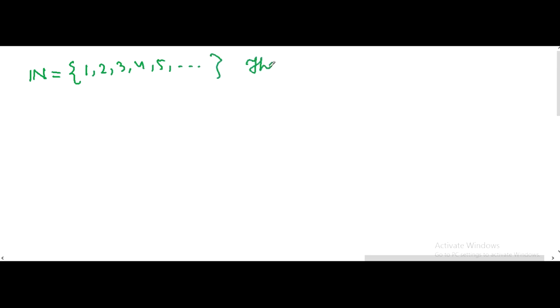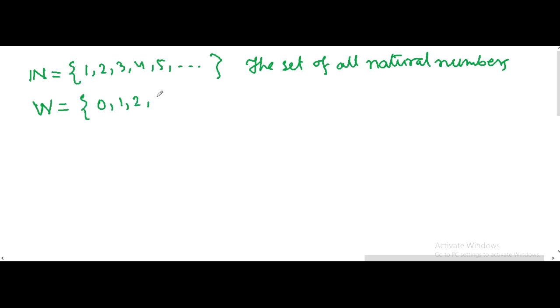The set of all natural numbers. Next set is capital W, the set of all whole numbers: 0, 1, 2, 3, dot dot dot. These are the elements, the set of all whole numbers.